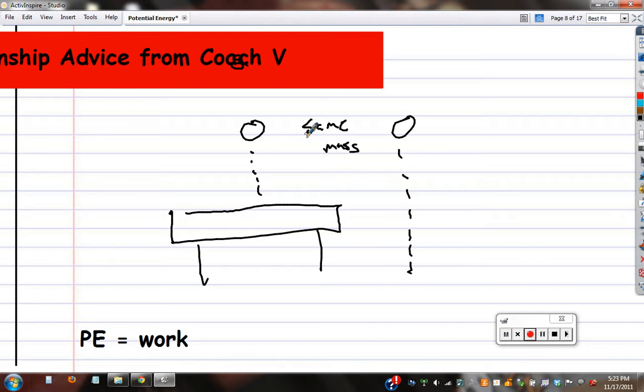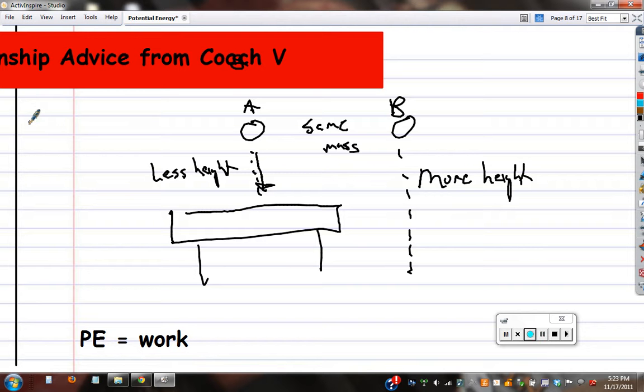Which one do you think has more potential energy? I mean, they both kind of have the same height, right? The only difference is how far will an object fall before it drops? Okay, this one's going to drop a lot sooner, so it technically has less height. It's a relative height. That's kind of the point. More height, okay?